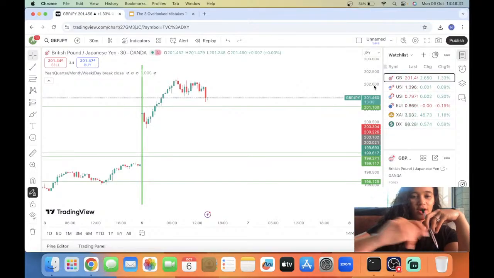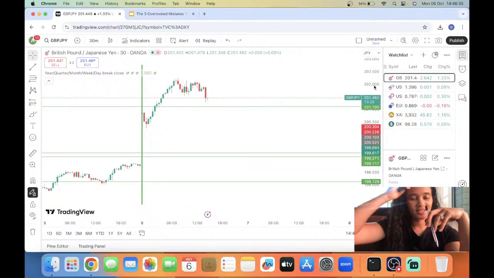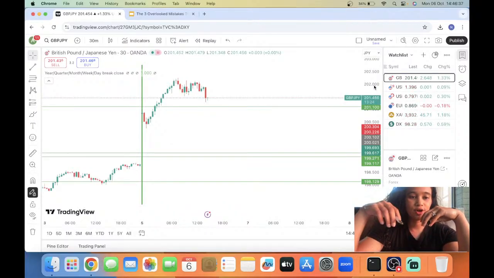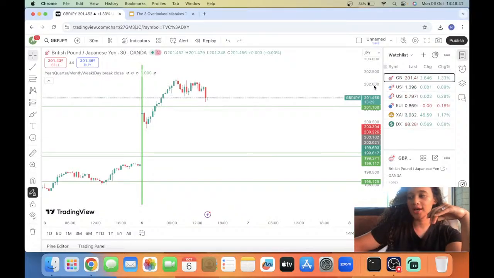If you don't have one, you're probably going to enter a pair like Euro GBP at 11 o'clock at night, or at 10 o'clock at night, when we all know Euro GBP is clearly not going to be the most active in New York session, right? So you're just going to write down your trades. Let's say first week of October, the first time you're going to start tracking your trades.